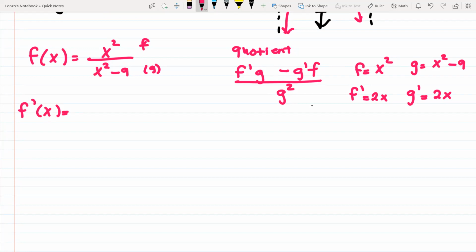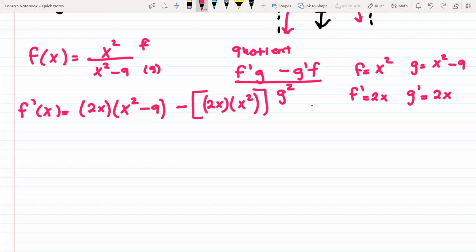So that would be 2x times x squared minus 9, minus bracket, g prime is 2x times f, which is x squared, all over g squared, which is x squared minus 9 squared.